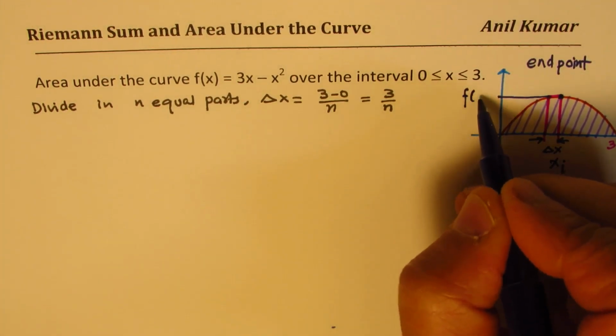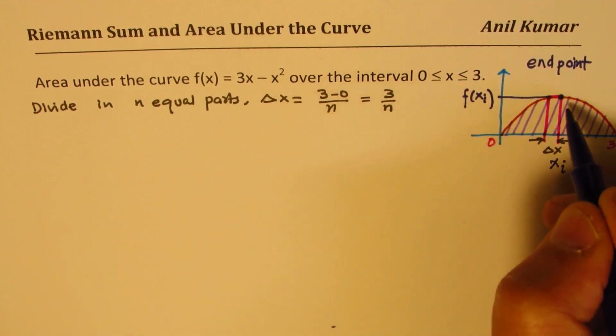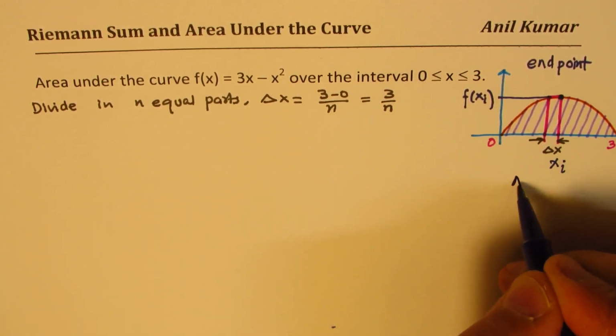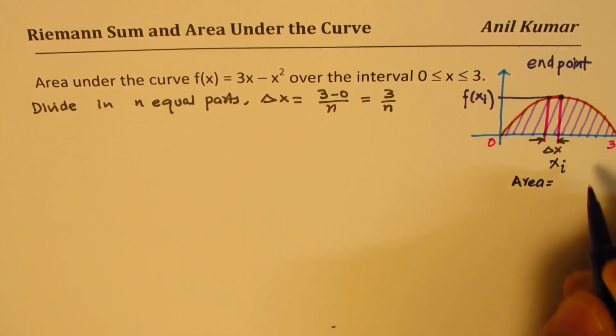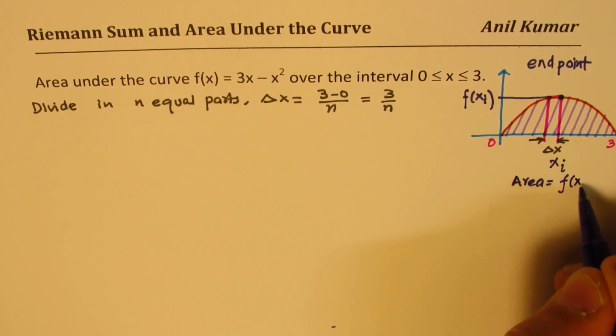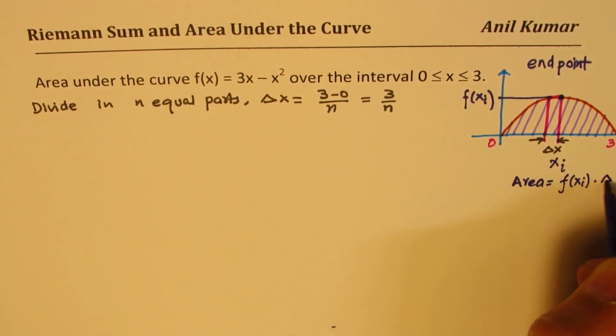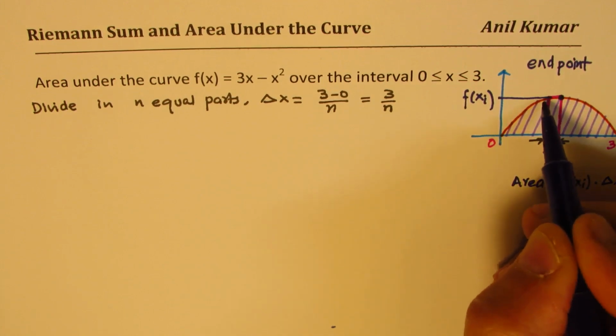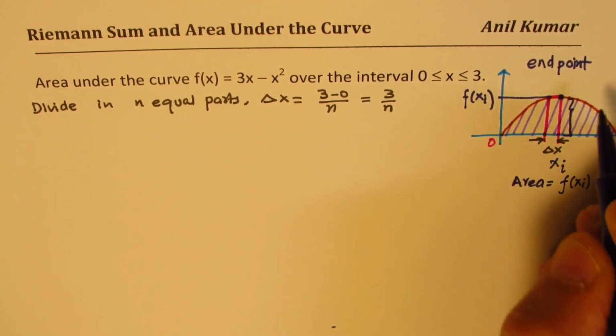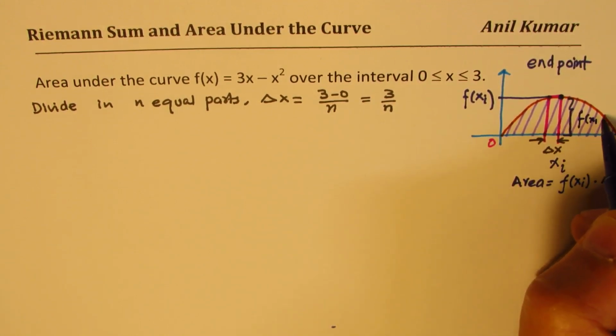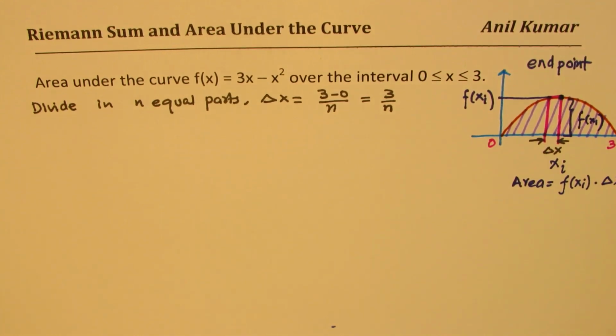The function at xi gives you the height, and therefore the area is going to be f of xi times delta x. Is that clear to you, right? Now we need to find an expression for xi, and then we'll add all these areas.